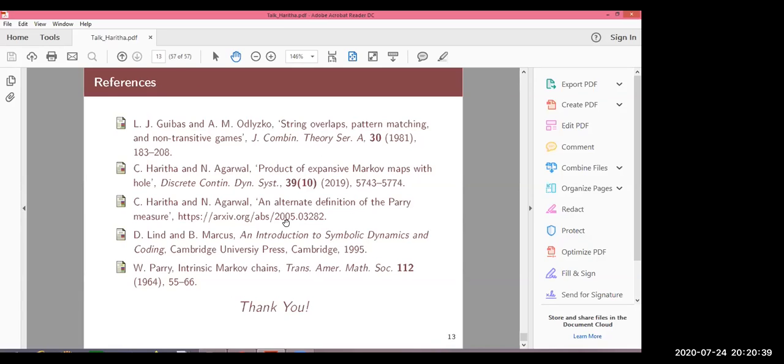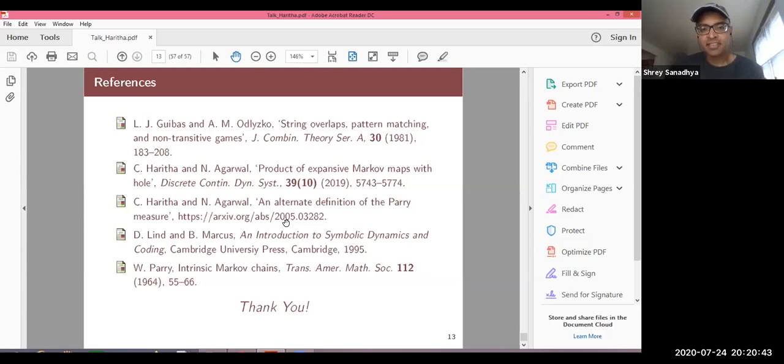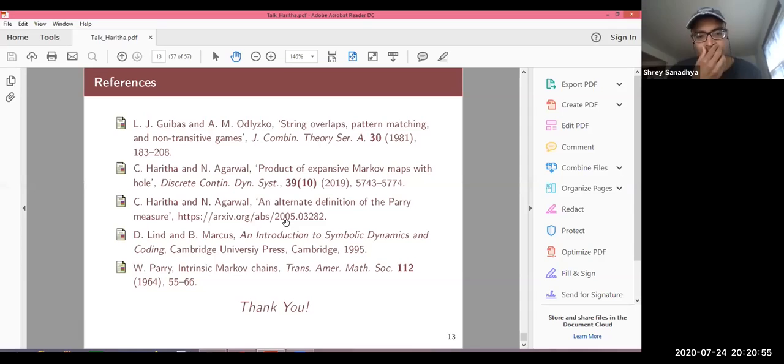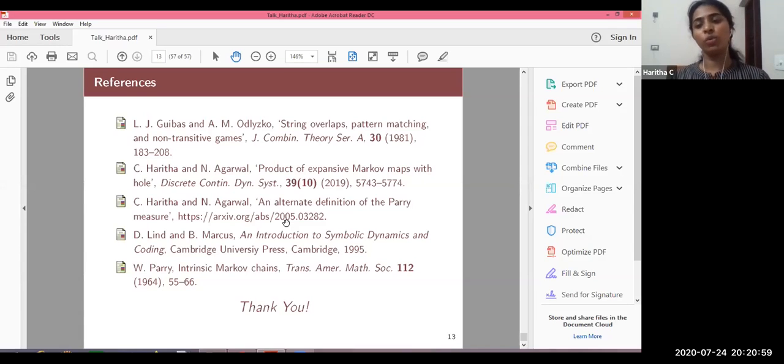Okay. Thank you. I have a question. You said that you can have sigma as finite or countably infinite, right? What I was doing is defining this shift space in general at the beginning.